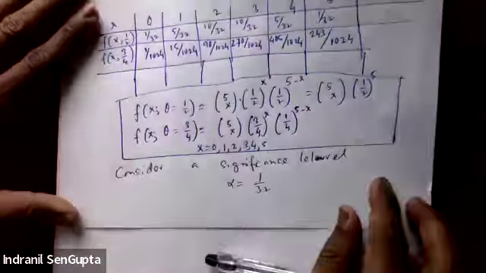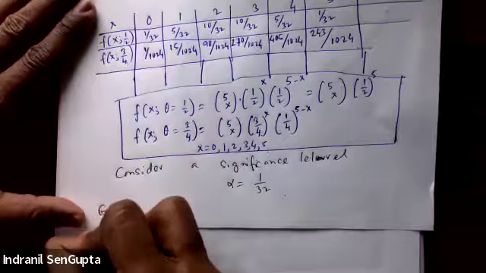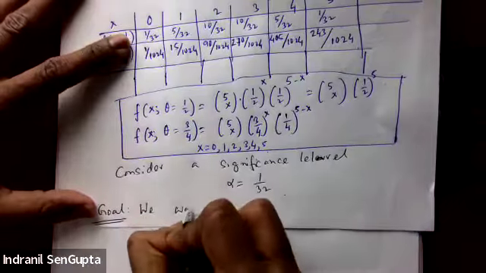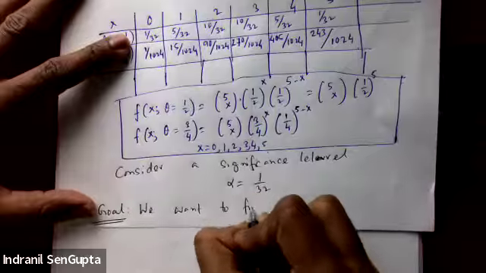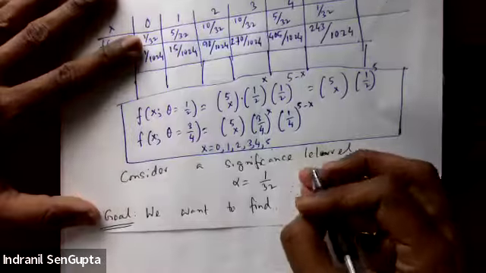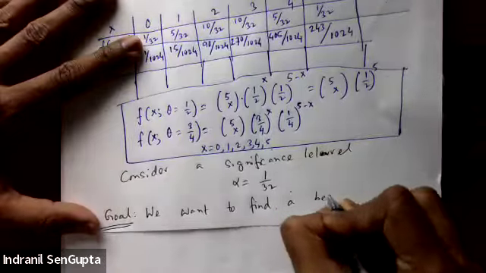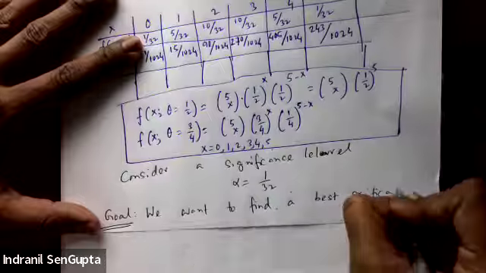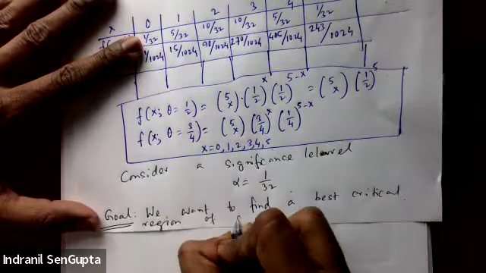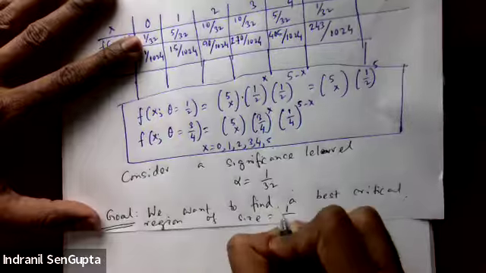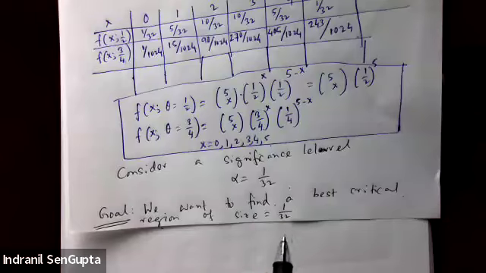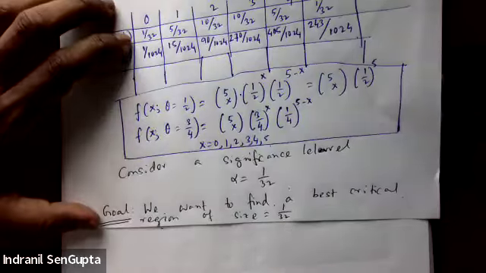Now, what is the goal here? We want to find the best critical region of size 1 over 32. So that is what we are trying to find. What does it mean?